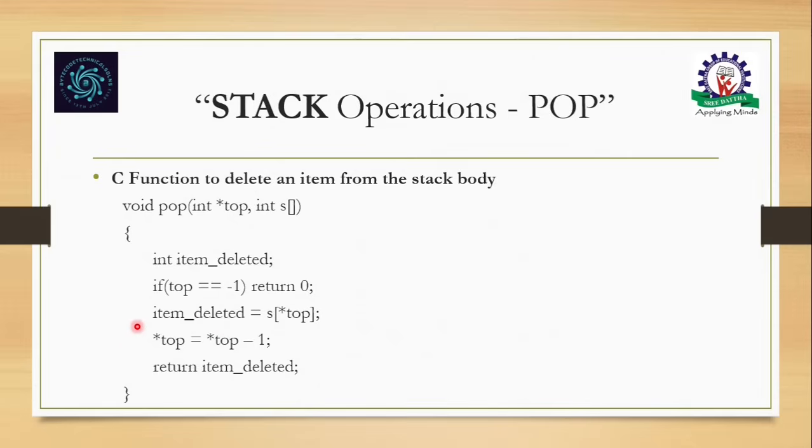Later we will decrement, top is equal to top minus 1. Once we decrement, the item available at that location is deleted. Lastly, I am going to return the item that is to be deleted. This value we are going to read in the main function to display the element that is to be deleted.